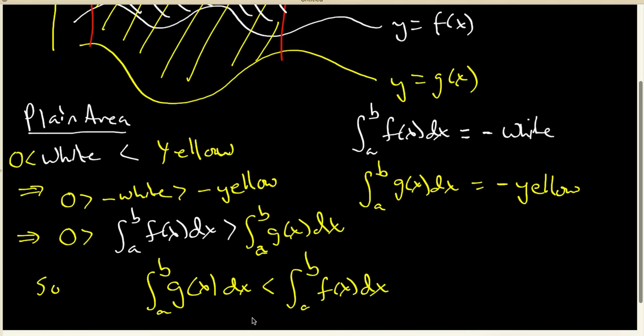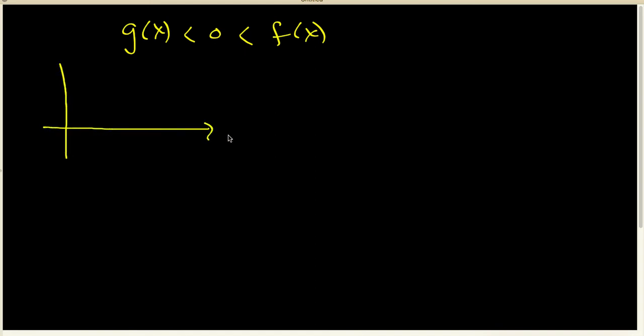Now, the final case that we might have, which is worth looking at very briefly, is that it's possible that g of x might be smaller than 0, and 0 might be smaller than f of x. And in this particular case, we have a picture that would look like this.